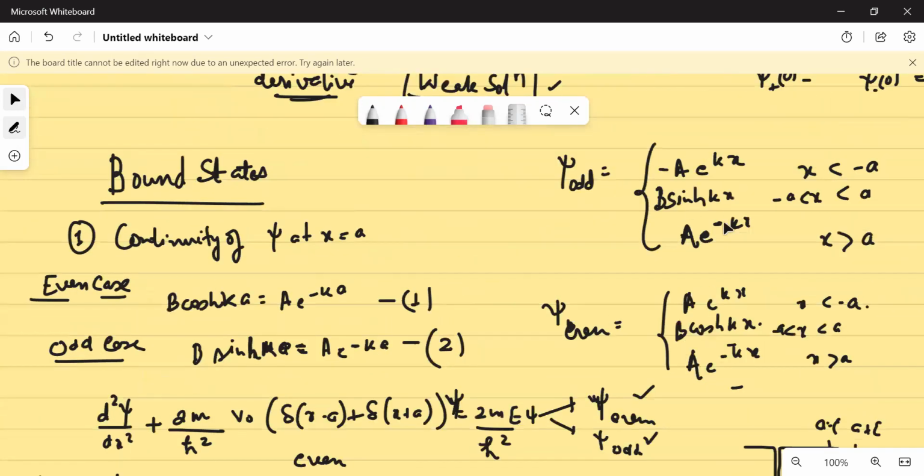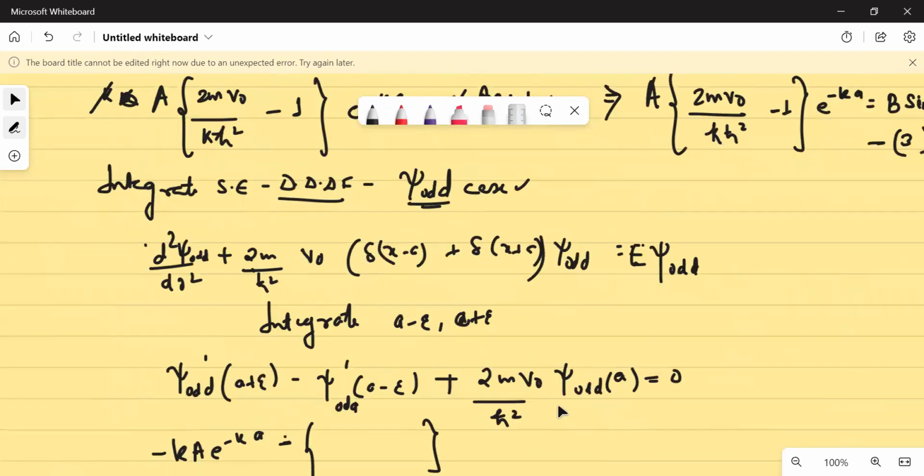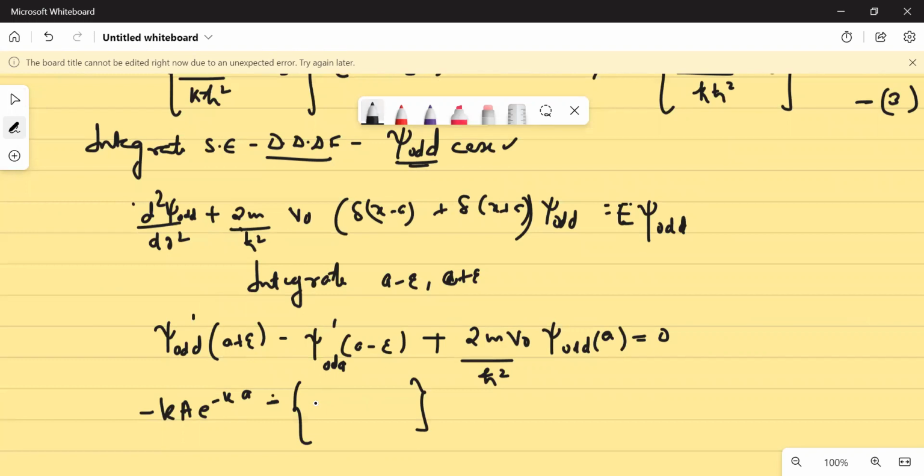So this is sine hyperbolic x. Sine hyperbolic x when differentiated gives you cos hyperbolic x. Is that clear? So this will be minus of k b cos hyperbolic ka.